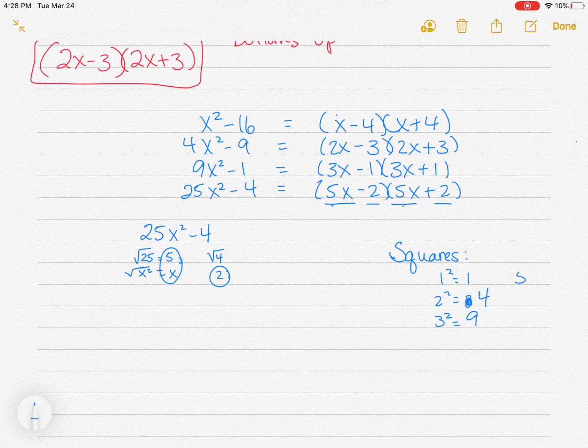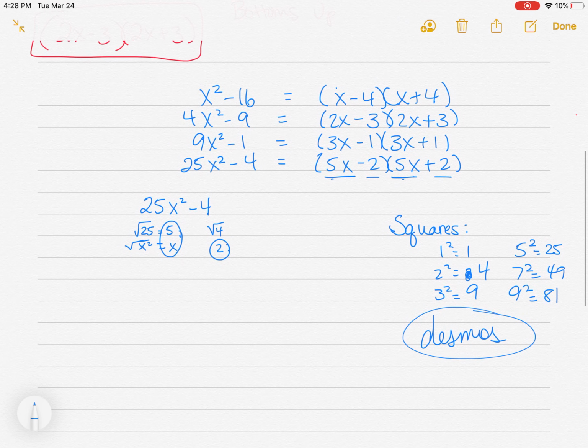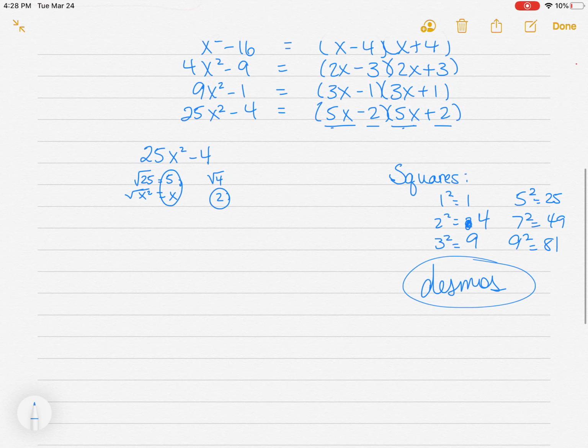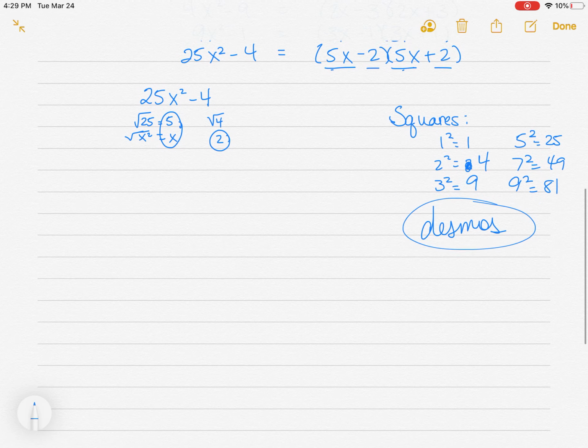All right, 5 squared is 25, 7 squared is 49, 9 squared is 81. I could go on. You know your squares. Hopefully you know your squares. If not, you have a calculator on your phone, on your tablet, on your computer. You can use Desmos.com, or there's an app for that. So those are where you can get your perfect squares.